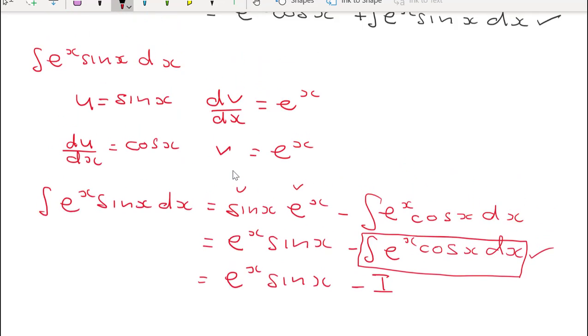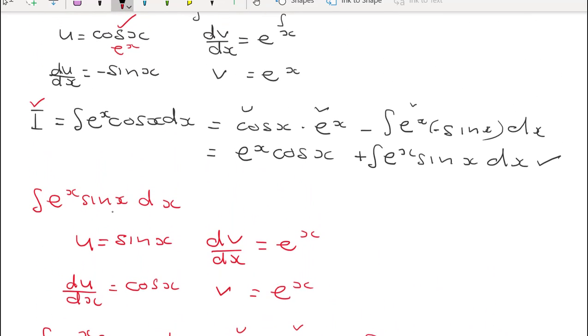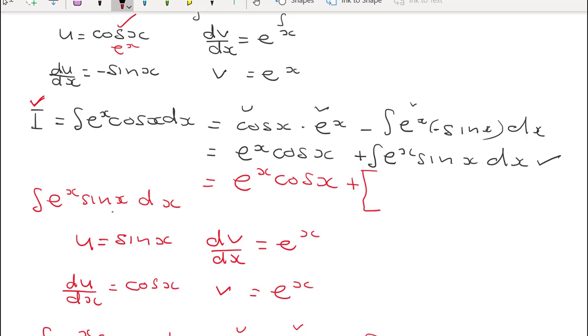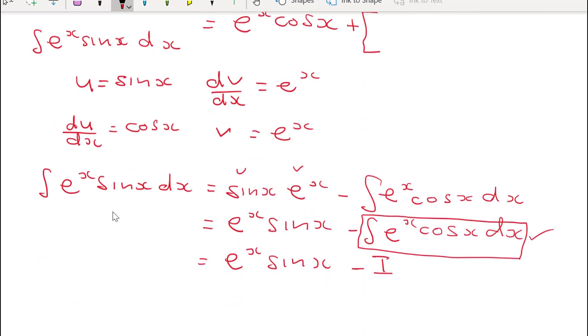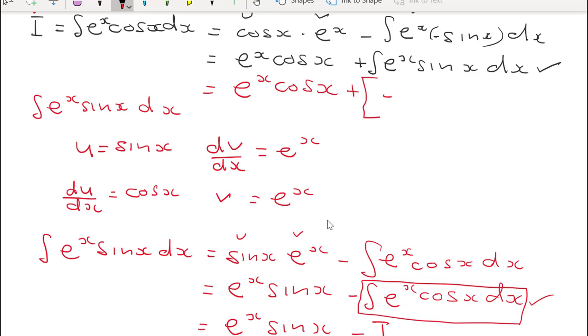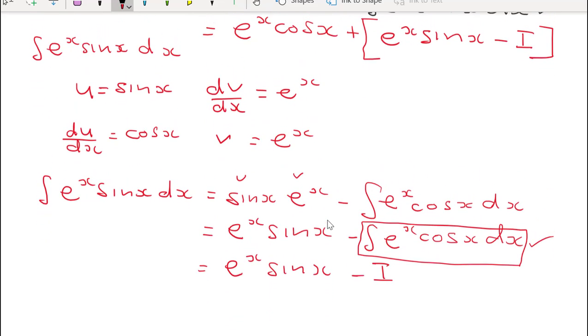So I up here becomes e raised to the x cos x plus e raised to the x sine x minus I. Now let me create some space.